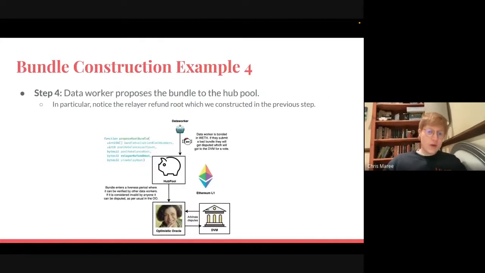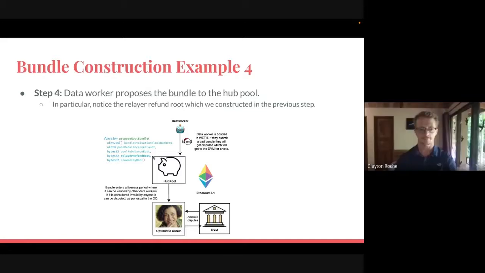And the only thing we need to bring on chain are these roots. That's it, right? So that's where the compression comes in, and that's why the bundling is so powerful, because we only need to provide the roots of the Merkle trees. And those roots are the thing that we use to validate whether a repayment request is justified.